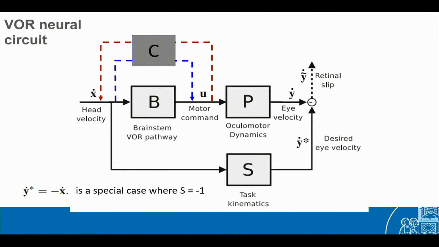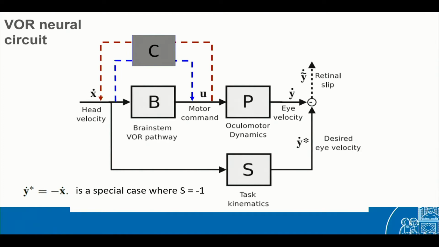So, as you may know, there are two different strategies that could be used in order to achieve this control with the cerebellum. One was proposed by Kawato, and the other one was proposed by Dean and Porrill. One is called the recurrent architecture, which is the red path, where the cerebellum is used as a forward model which changes the input trajectory to the brainstem.